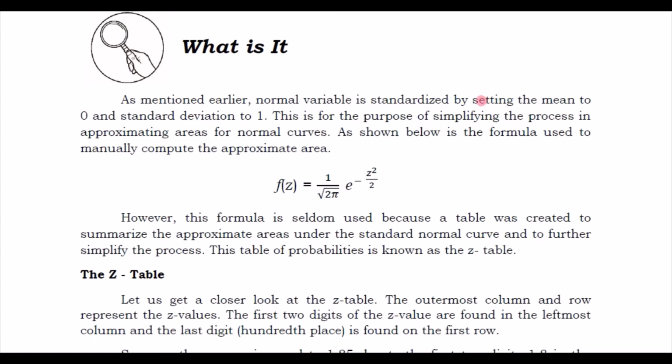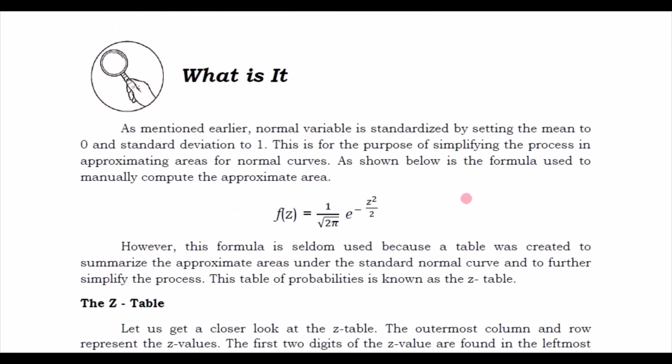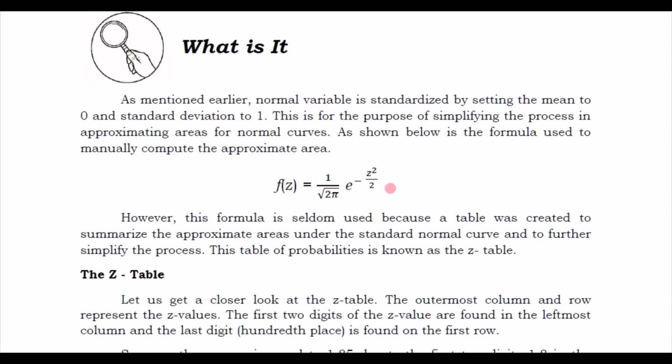Sa past lesson, diniscuss natin yung empirical rule na merong 68.3%, di ba? Merong tayong 95 and 97%. Okay? So, dito para hindi na tayo mahirapang mag-compute.